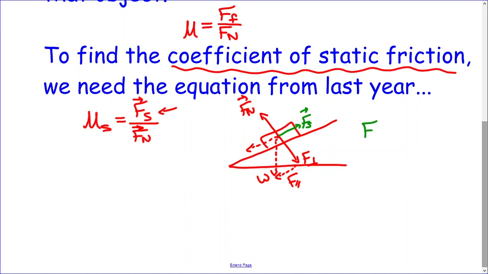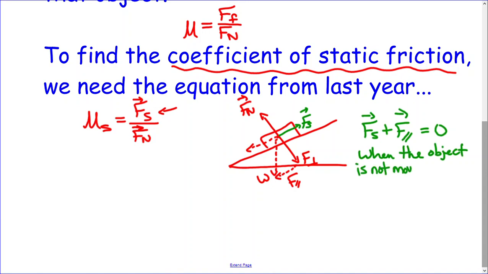So the force of static friction and the parallel force should add up to equal 0 when the object is not moving. So that means that the static force is really just equal to the parallel force, just in opposite directions, the same way that the normal force is equal to the perpendicular force, just in opposite directions.